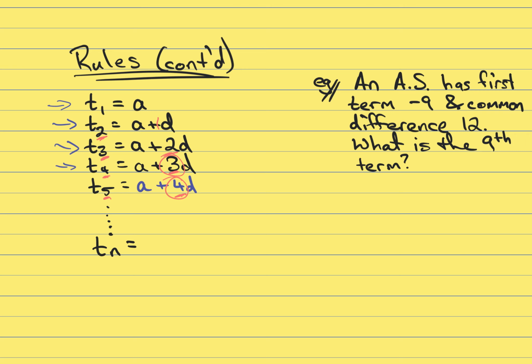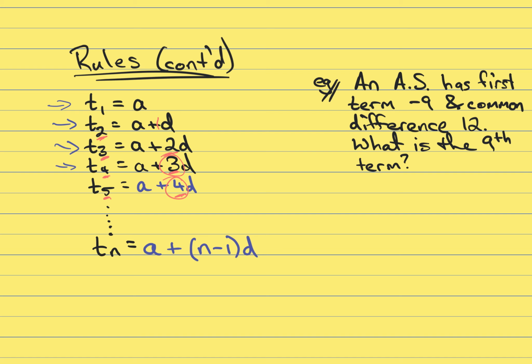So if we wanted to talk about it in general, Tn, where n could be any number we want to, we'd have to have A again, plus how many D's would we have had to have added? Well, it'd be one less than the term we're at, so n minus 1. (n minus 1) times D. Okay, so that's our general rule for any term in an arithmetic sequence, the nth term.